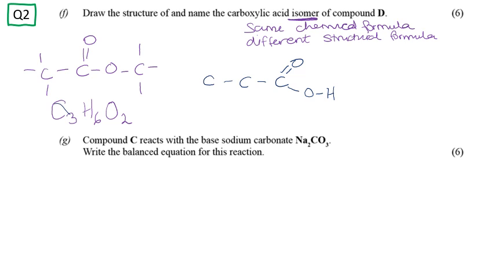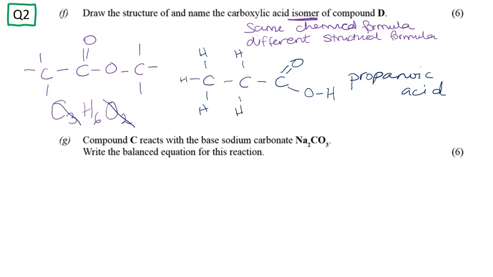I've already accounted for my 2 oxygens, and by filling in the 4 bonds required by the carbon, 2 hydrogens, I can account for the 6 hydrogens there. So this is an isomer of that original compound D. They've also asked me to name it. For a carboxylic acid with 3 carbons in it, my name is going to be propanoic acid.